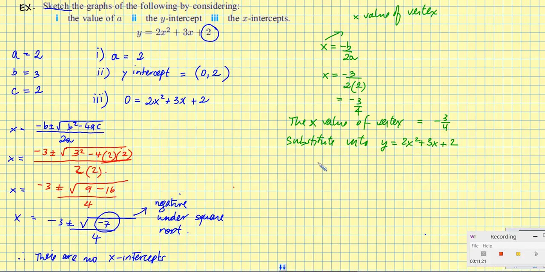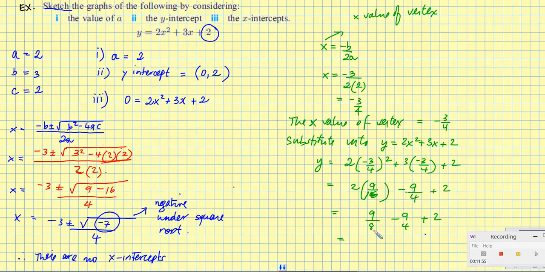And in the substitution of that, we have y equals 2 times negative 3/4 squared plus 3 times negative 3/4 plus 2. We come up with 2 times 9 over 16 plus negative 9 over 4 plus 2, so that we end up with 9 over 8 minus 9 over 4 plus 2.